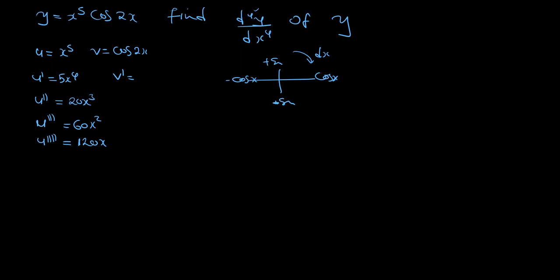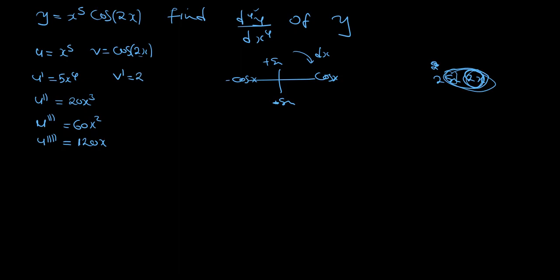When you have a trig function, let's say 2 sine 2x, you first differentiate the angle, then differentiate the whole thing with the same angle. So I'll differentiate this 2x, and differentiating the angle gives 2.